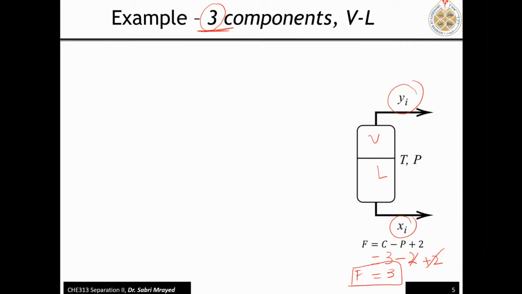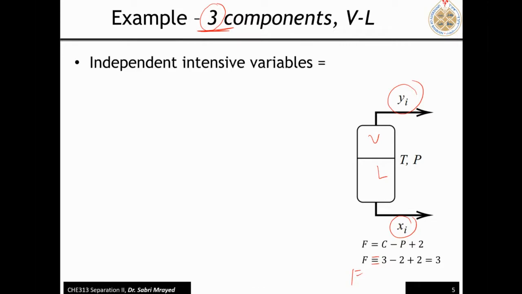Now let's do it the way we used to determine the degrees of freedom before. Now independent intensive variables: how many intensive variables do we have here?